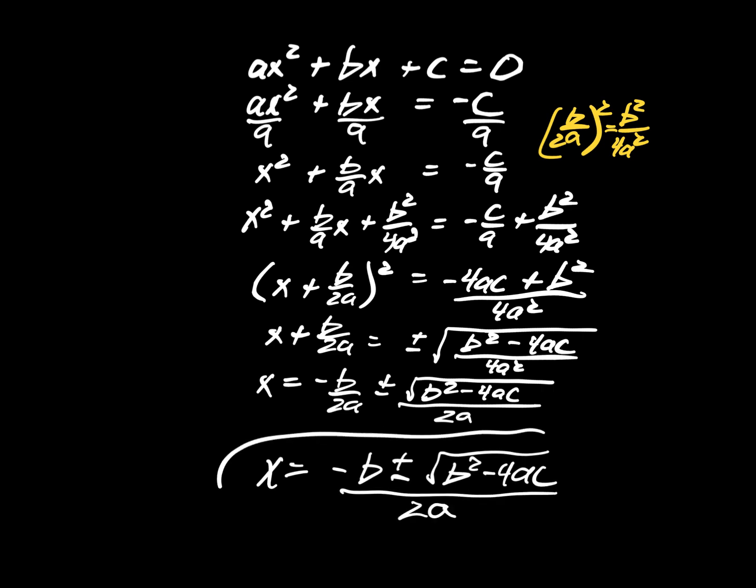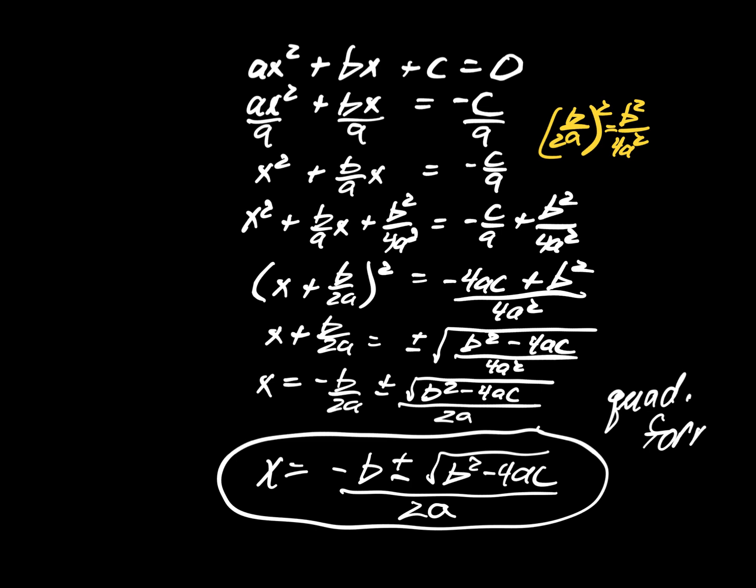And this, my friends, is the quadratic formula. And the quadratic formula comes from completing the square. In fact, if you want to think a little like Al-Khwarizmi, you could probably draw a geometric representation of this. All right?